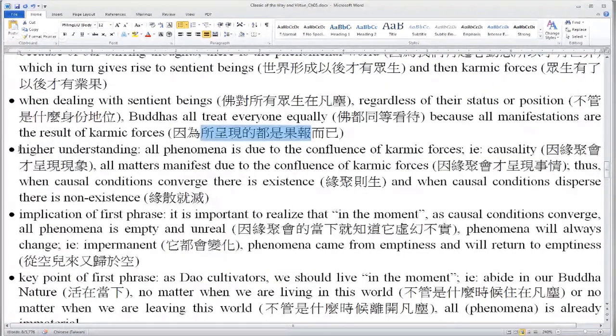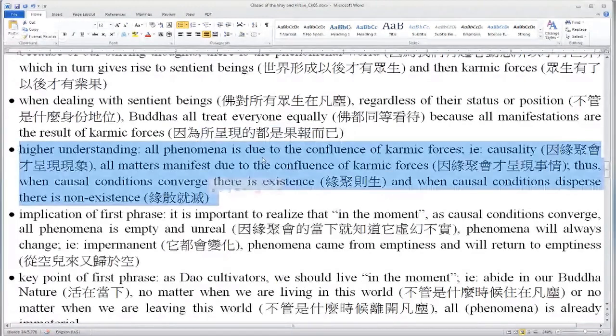So the higher understanding is this: all phenomena are due to the confluence or convergence of karmic forces, i.e., causality. 因缘聚会才呈现现象. All matters manifest due to the confluence of conditions.